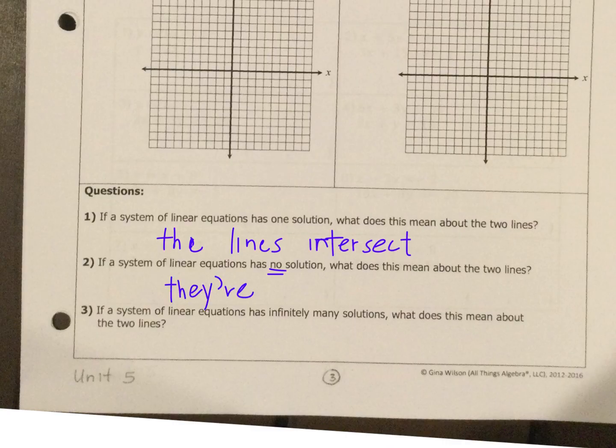It means they're parallel. If a system of equations has infinitely many solutions, what does it mean about the two lines? They are the same exact line.